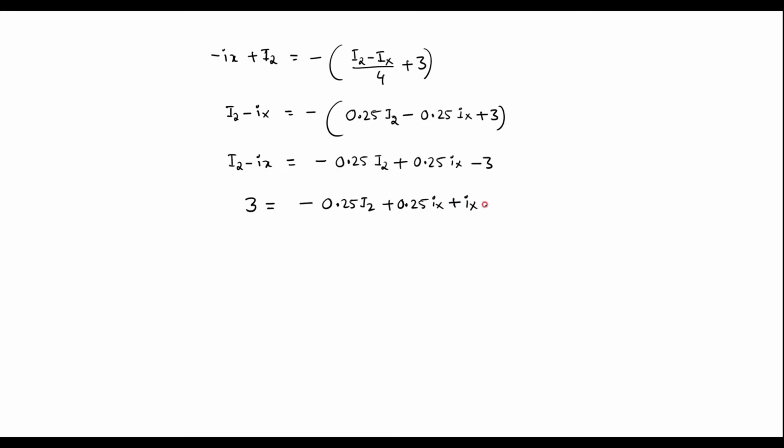Take I2 on this side, that is minus I2. Or I can write 3 equal to 0.25 plus 1, which is 1.25, we have Ix, and it is minus 0.25 minus 1, that is minus 1.25 I2. Let me call it equation number 3.